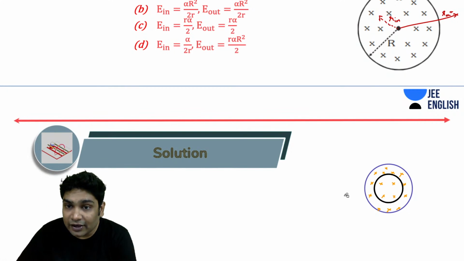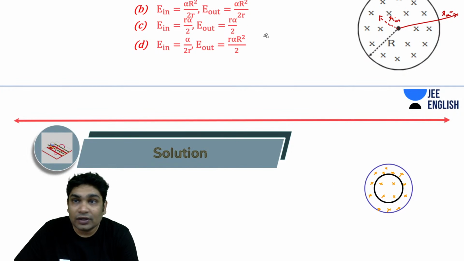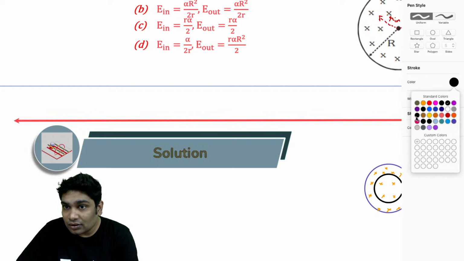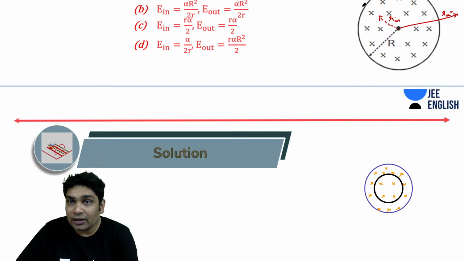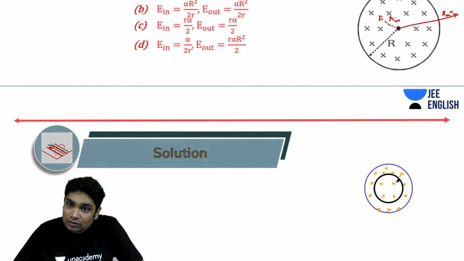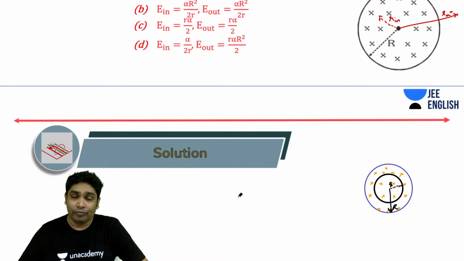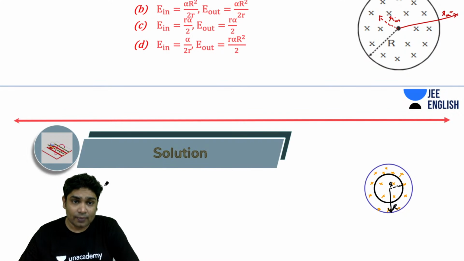Let's try and find out what the electric field is here. So okay, so this is at a distance r. So can I say that at the distance r, from symmetry, what all can I say from symmetry?